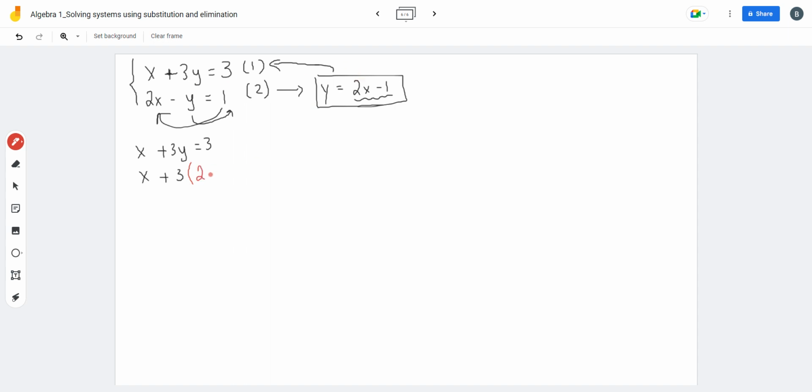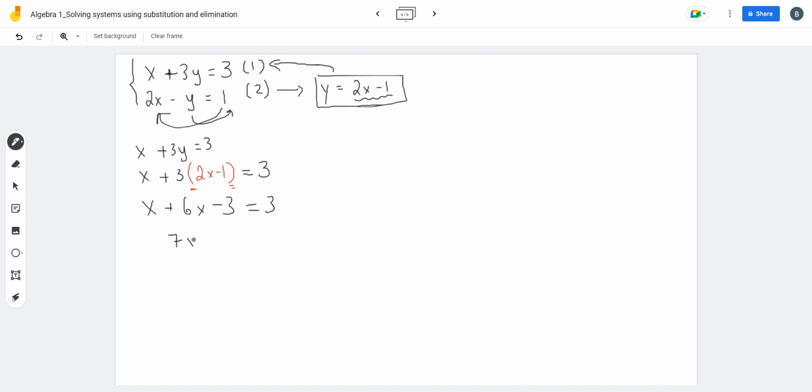Here you replace y with 2x minus 1. Very important. A lot of students did not have the bracket and got the wrong answer. So this bracket is very important. So here you have x plus 3 times 2x is 6x, 3 times minus 1 is minus 3. So x plus 6x minus 3 equals 3.